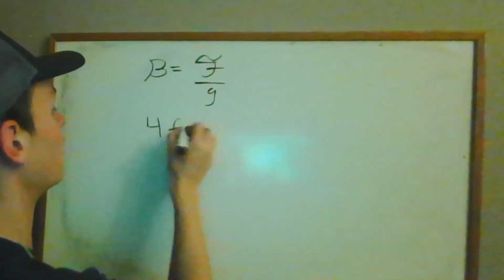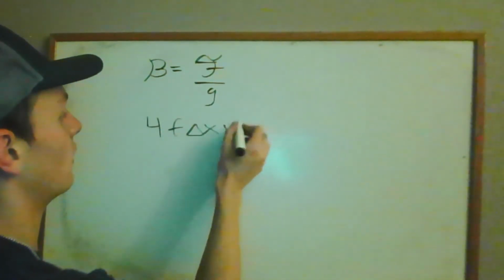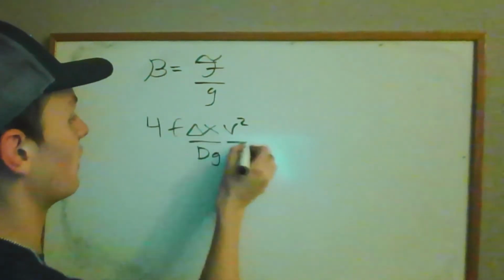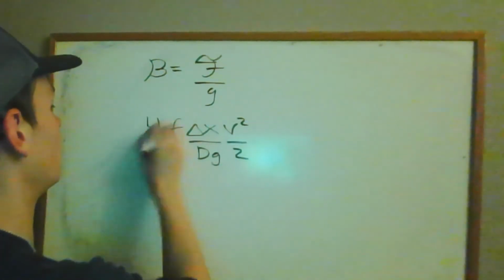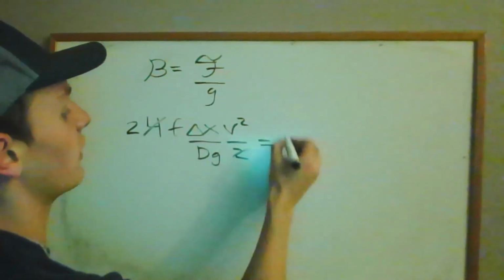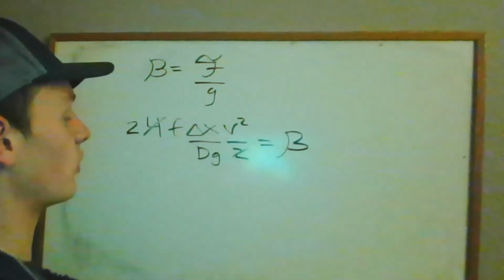So we know this expression, and we just have to remember to include g there. And here we can get rid of that and make this 2, and this will be equal to the head drop, which we know.